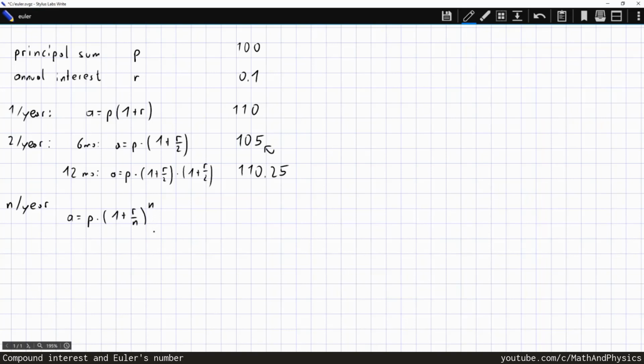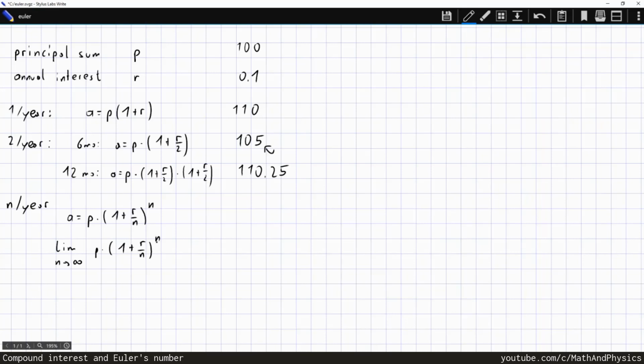And now an interesting question is, what happens if we completely overdo this and compute the limit of n going to infinity of P times 1 plus R over n to the nth power? So we're going to pay out interest an infinite number of times within a year, but it's also an infinitesimally small amount of R over n each time.